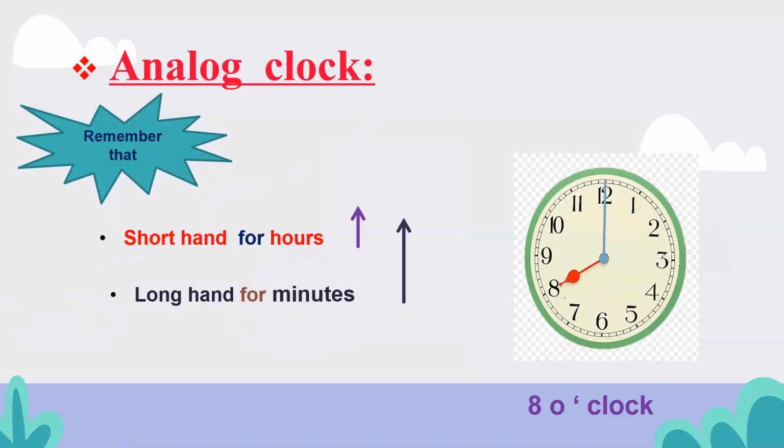We have two hands on the clock: the long hand and the short hand. The long hand is for minutes and the short hand is for hours.